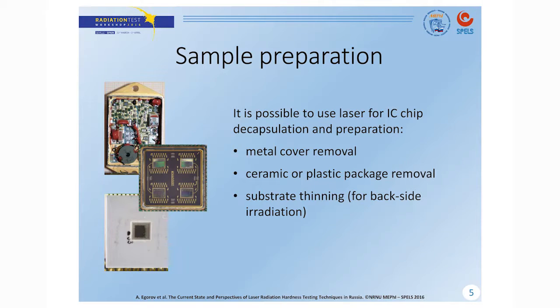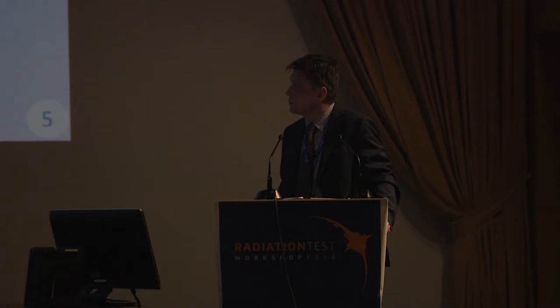And depending on the packaging method, we can remove the metallic covers. Also, we can remove the ceramic packaging, and we can also use laser to thin the substrate in order to perform backside irradiation.